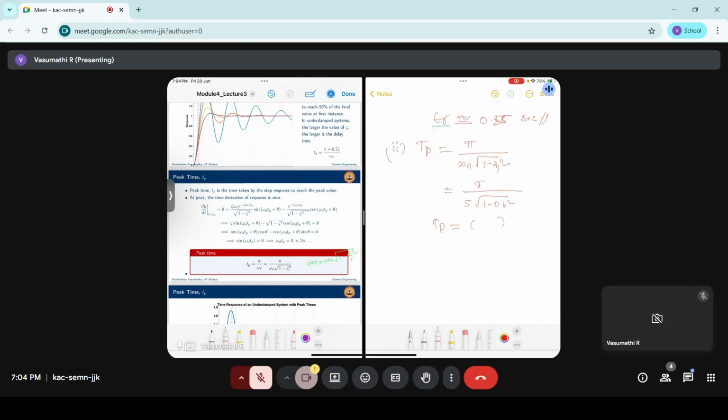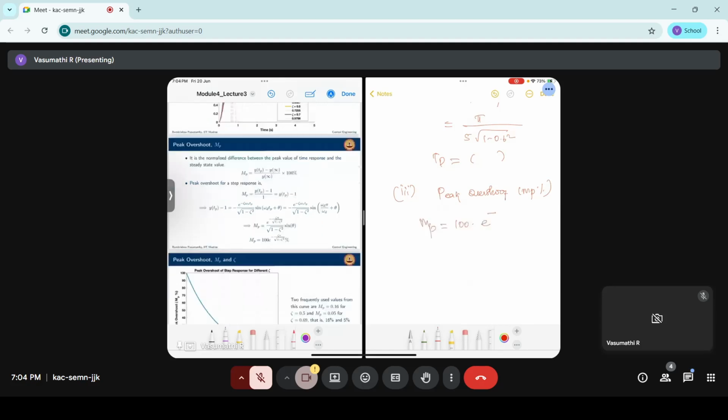The third question is peak overshoot, which will be in percentage. For that, the formula here on the right hand side, Mp is equal to 100 into e power, since it is a percentage we are multiplying it with 100. Just don't forget about this negative sign, okay? Minus zeta pi divided by root of 1 minus zeta square, percentage. So 100 into e power minus of 0.6 pi by root of 1 minus 0.6 square.